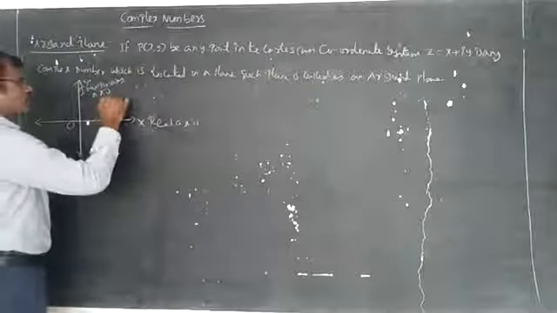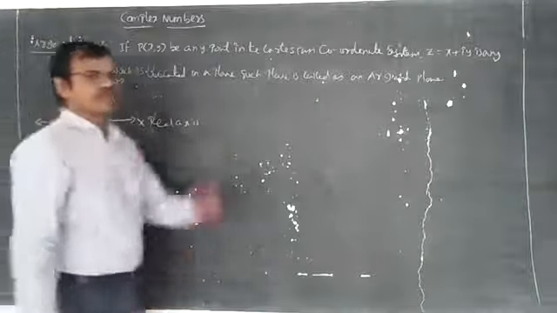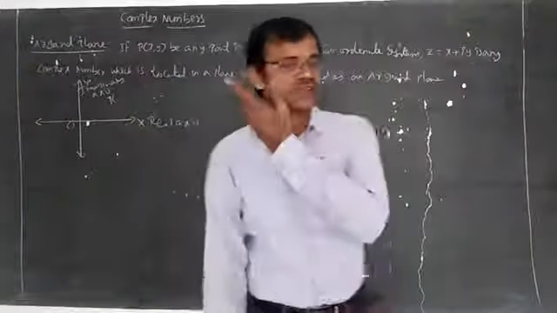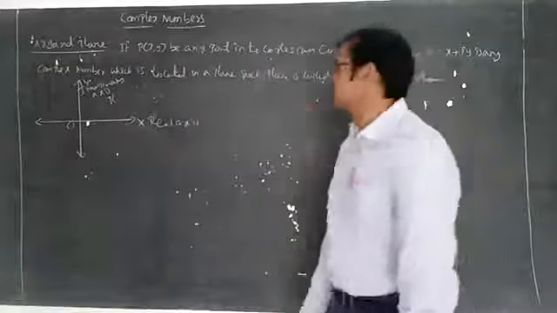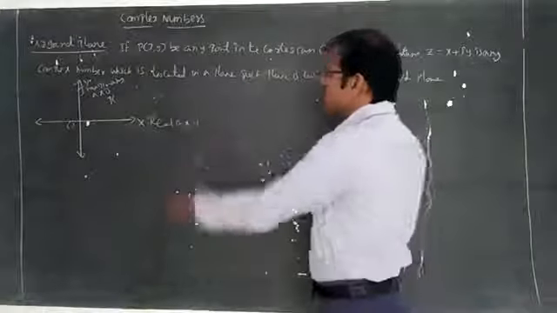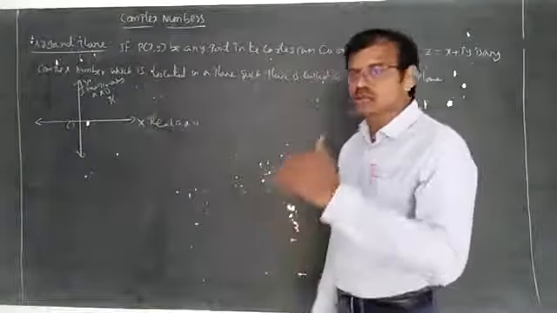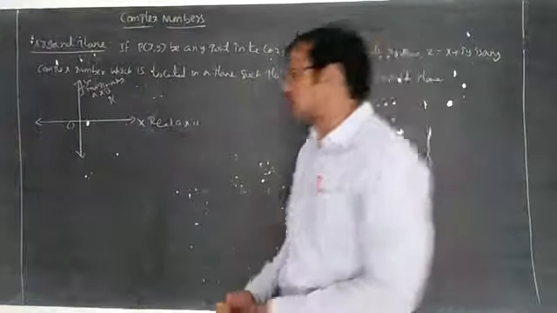So the point which is indicated between the real and imaginary axes is a complex number, and the plane in which we indicate the point is called the Argand plane.